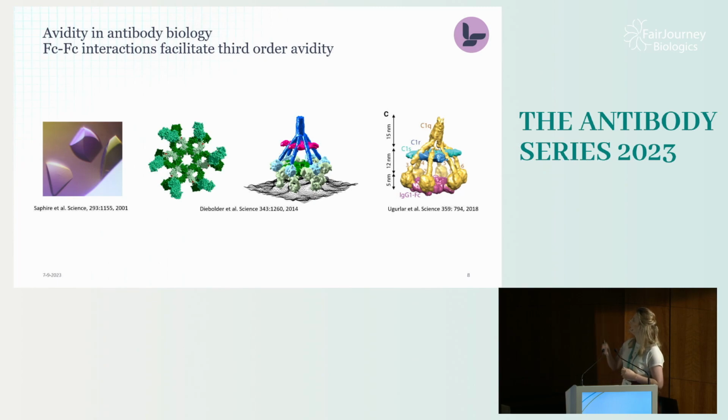And Ugurlar et al. really nicely solved the high resolution structure of this complex of C1q and C1r, C1s in complex with the IgG Fc. So you can really see that it's a nice docking platform for C1q to bind and activate complement. And this is really showing that second-order avidity interactions, Fc-Fc interactions, really provide the opportunity for third-order avidity to occur, so C1q to bind.